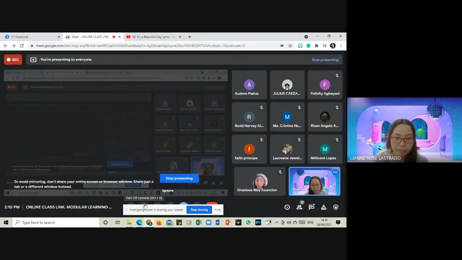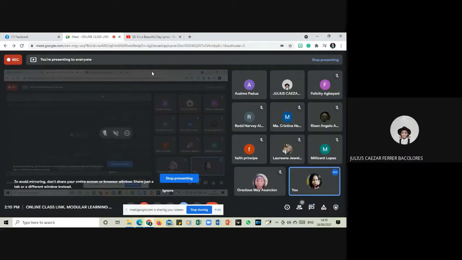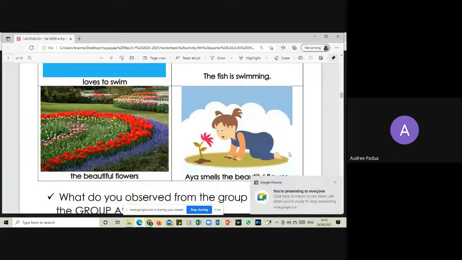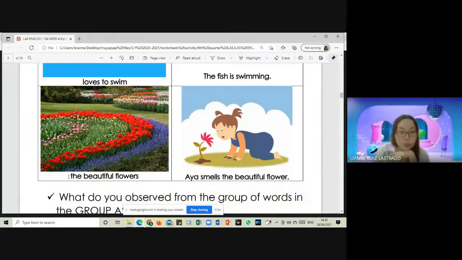Okay. All right. So here, it is stated that in this group of words, it says the beautiful flowers.